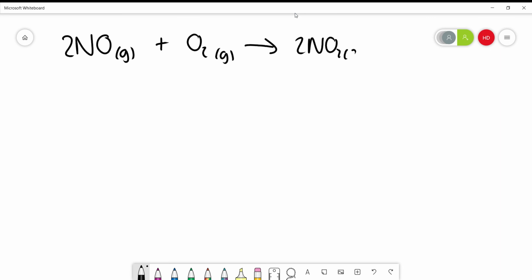NO2 gas. You have 2 mole of that, 1 mole of that. At equilibrium, you form 1.2 mole of that. So that's how much is left. That's how much formed.